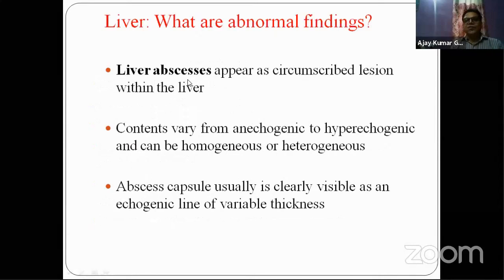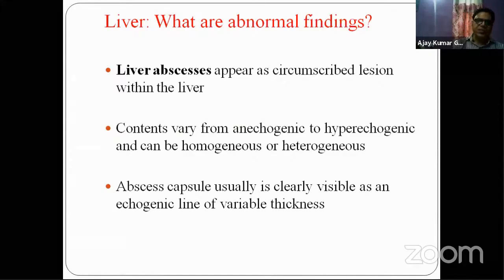Another condition that can be diagnosed is liver abscesses. They appear as circumscribed lesions within the liver. As in case of reticular abscesses, they have variable appearance. They have a thick echogenic capsule, which contains a center which may be homogeneously hypoechoic, or it may be hyperechoic.